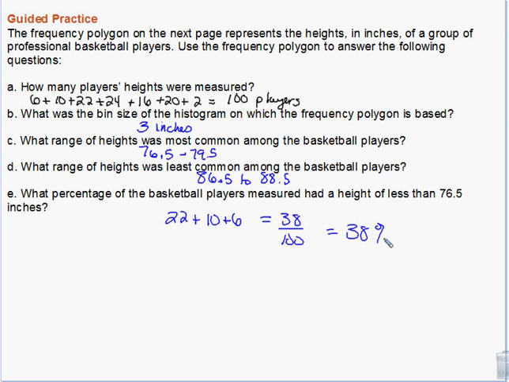So 38% only are less than 6.5 feet. Oh, well, 6 and 4.5 inches, 6'4". So not even a fourth of players. No, I'm sorry. A fourth would be 25. Just over a third of players are under 6'4".